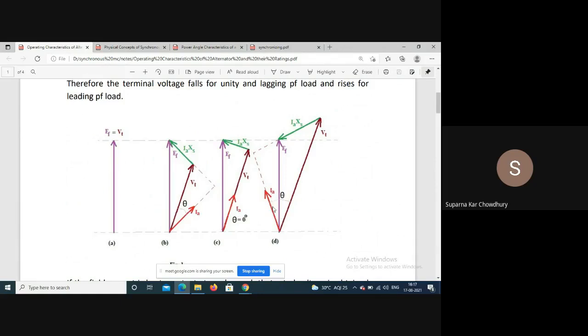But for leading current, you can see that the armature reaction component is in the same direction as FF. So it is magnetizing in nature. As the armature reaction is magnetizing, to have a constant voltage, we should decrease the excitation.